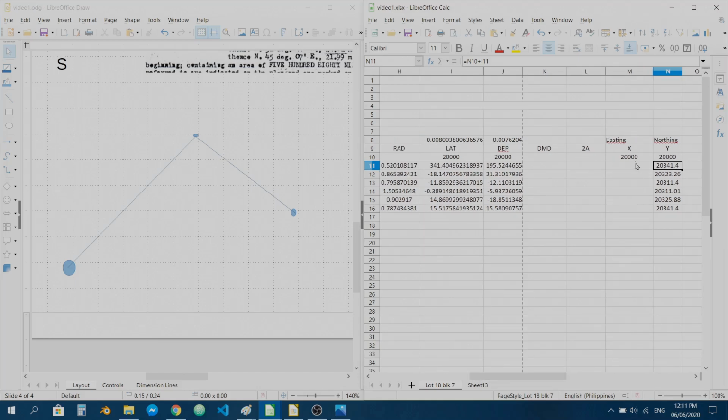So, we'll apply the same sa x naman. So, initial point is this departure. And then, ayan, add natin. So, kung papunta tayo doon, add natin. Or pa negative. Oops, ano nangyari?